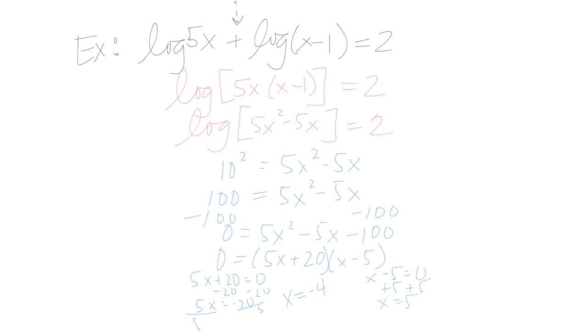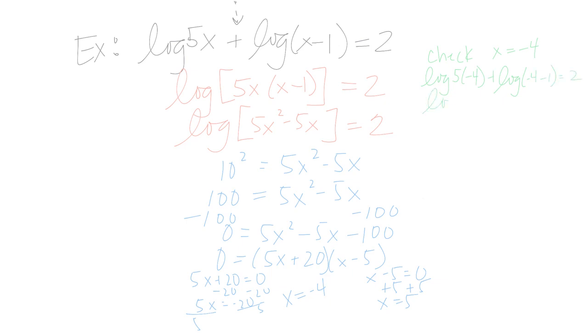And remember that for all of these equations, we have to check our answers, especially now that we know we could get something that's extraneous. All right, so I'm going to check first the x equals negative 4. So I'm going to have log base 10 of 5 times negative 4 plus log base 10 of negative 4 minus 1 equals 2.